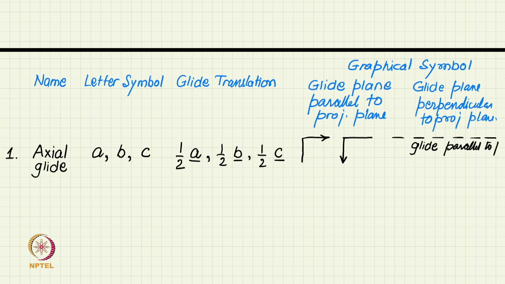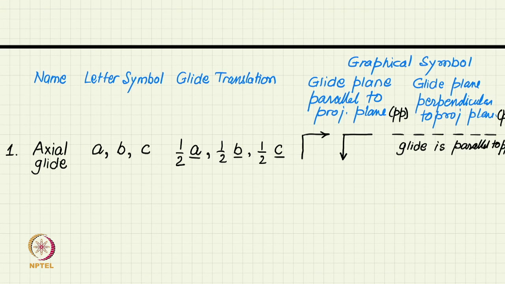Let me write PP for projection plane. So, if the glide is parallel to the projection plane and the glide plane is perpendicular to the projection plane, then we will represent it with this dashed line.